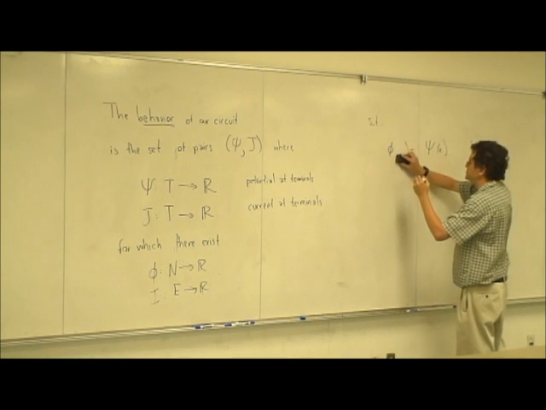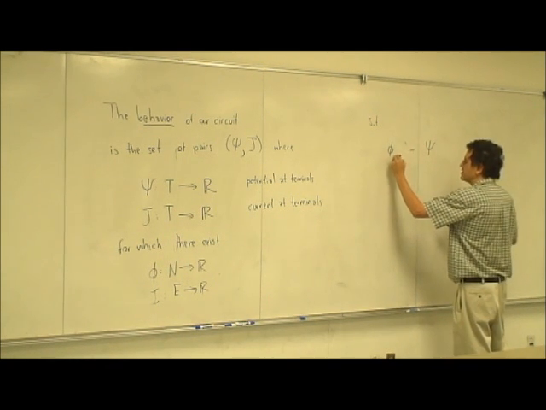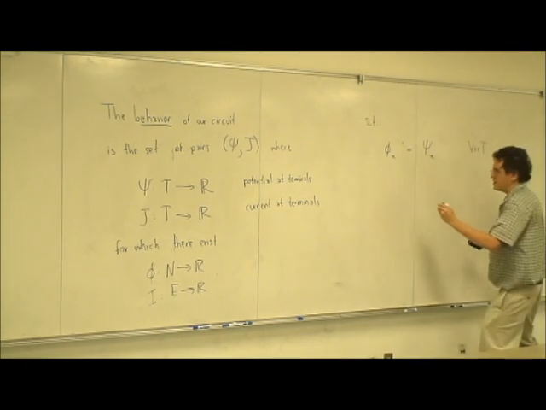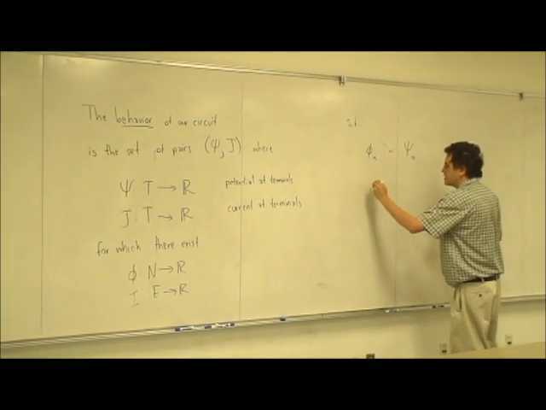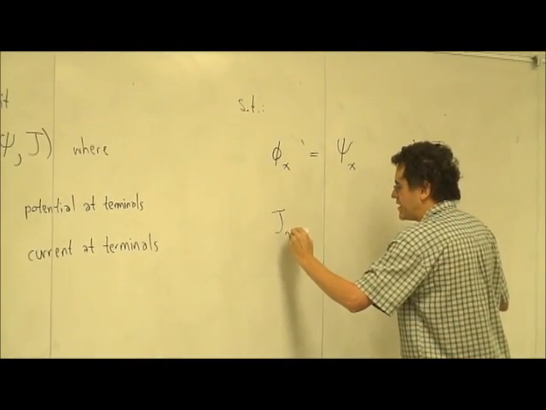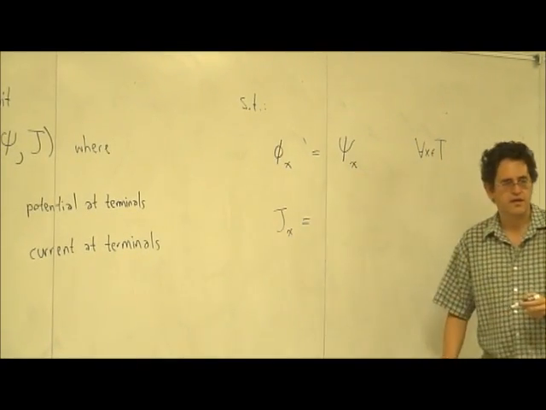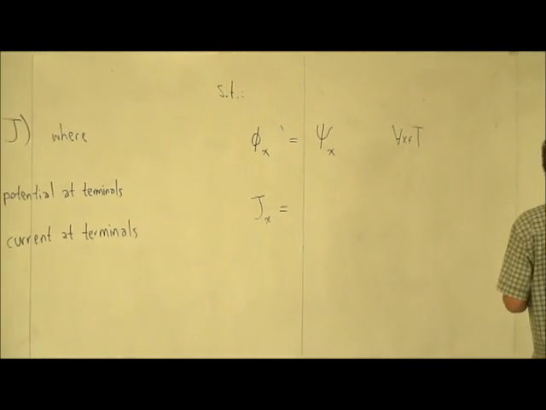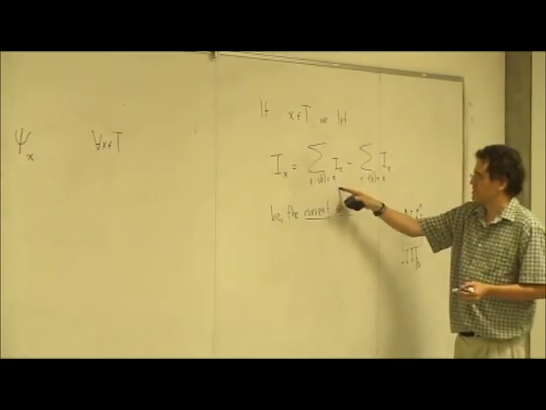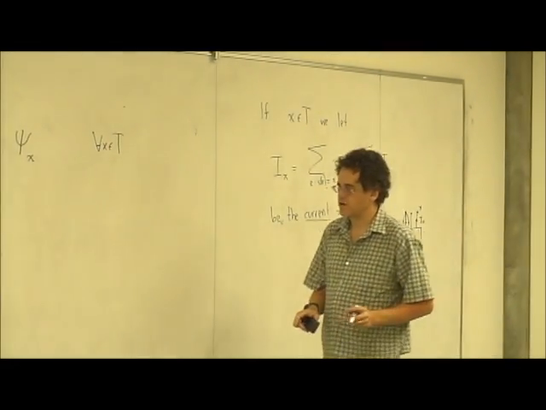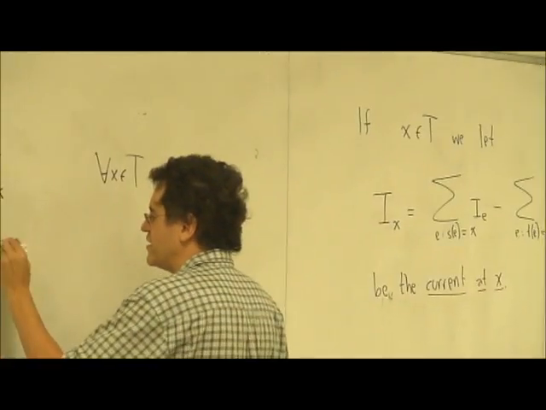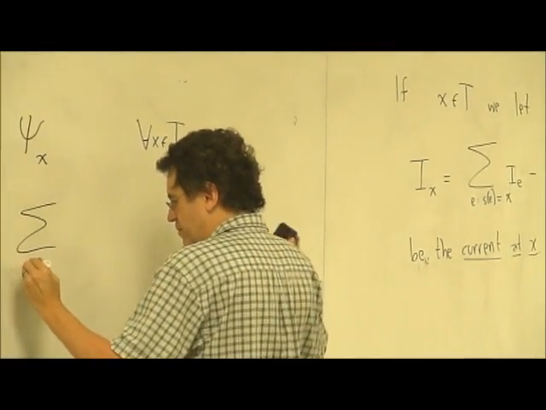The second, oops, sorry, I think I write subscripts for these kinds of things. The second one is that the current at any terminal is what it's supposed to be, namely given by this condition here. So we pick any old current at a terminal, but we say it's legitimate if it's given by the formula over there.